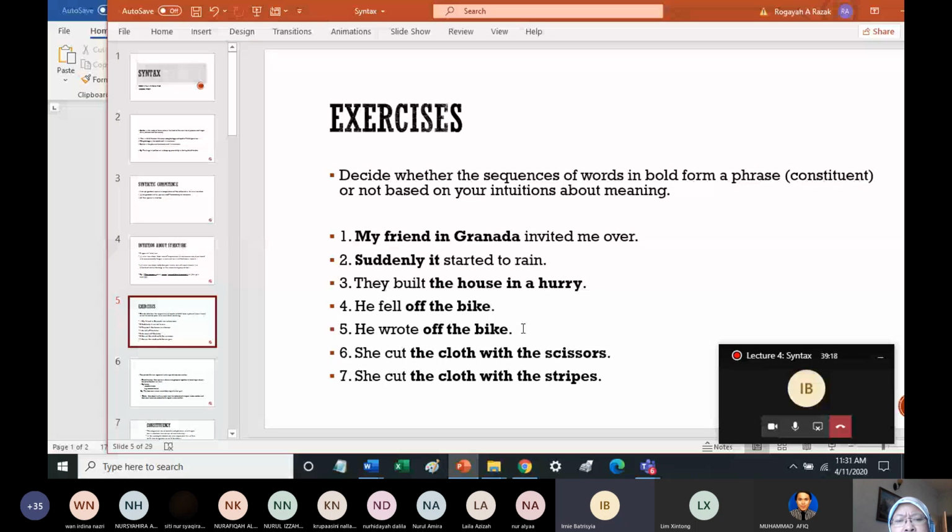I think it is a constituent, because if we just write rode off, it feels incomplete, like there's no object after that. So off the bike is a constituent. What if I tell you it is idiomatic? Idiomatic is like a proverb, something frequently used as a chunk, you know.